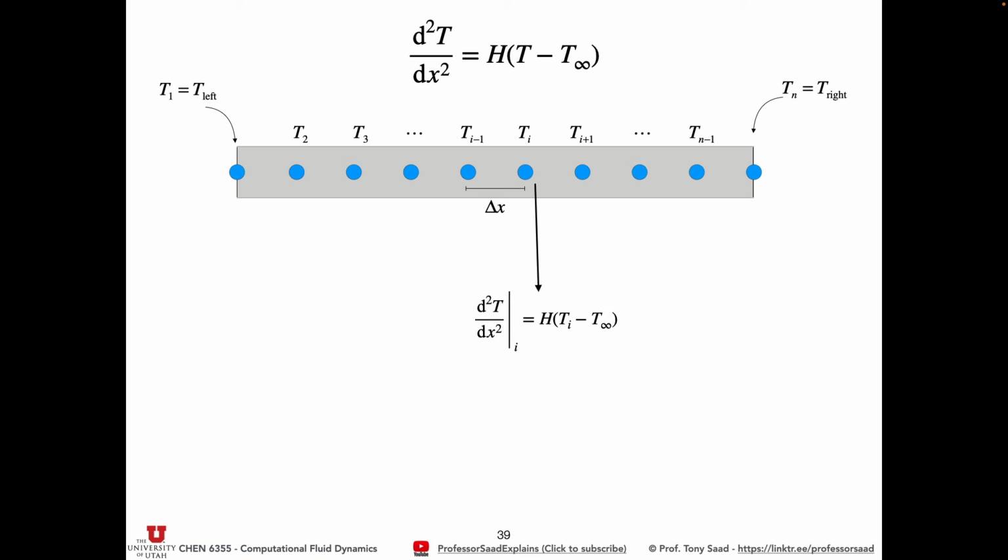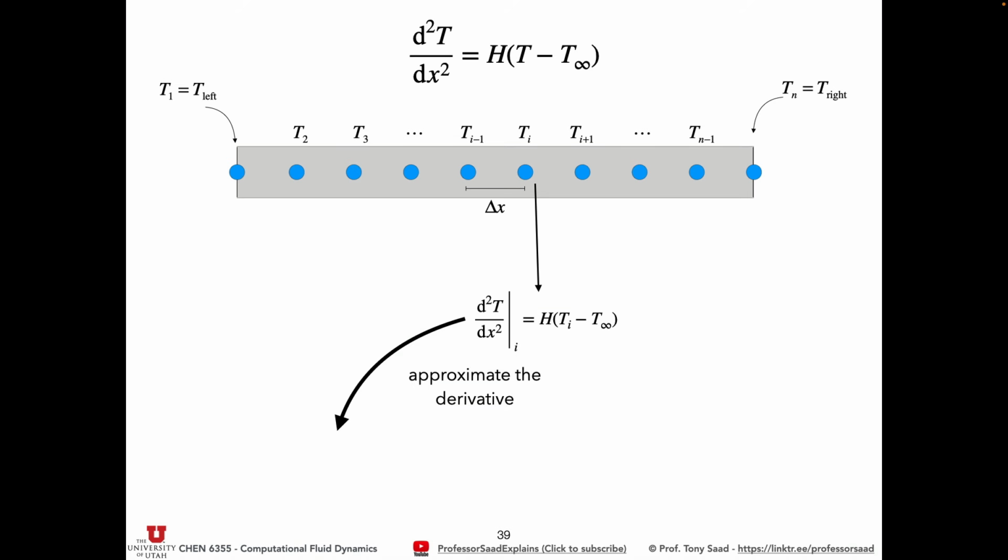Very good. So now this is our representative equation, because I can go from 2 to n minus 1. At the end points, I don't need this equation because I have known values. I don't have a degree of freedom there. I know the values T1 and Tn.